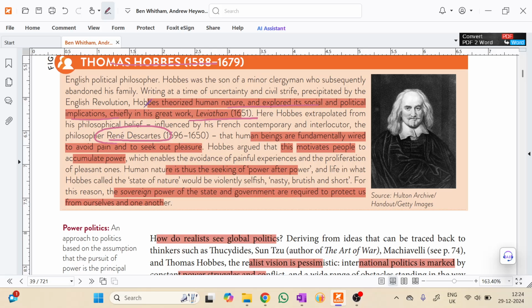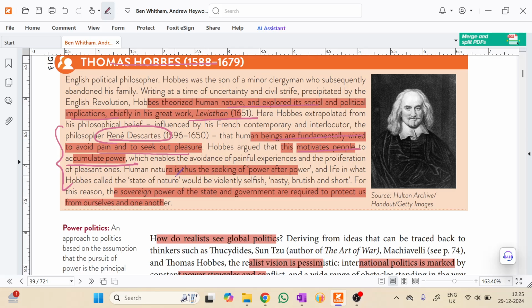The idea borrowed from his mentor Rene Descartes is that human beings are fundamentally wired to avoid pain and seek pleasure. And this is the motivation that nudges people to accumulate power.